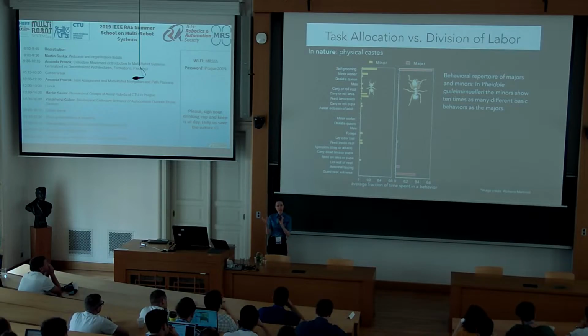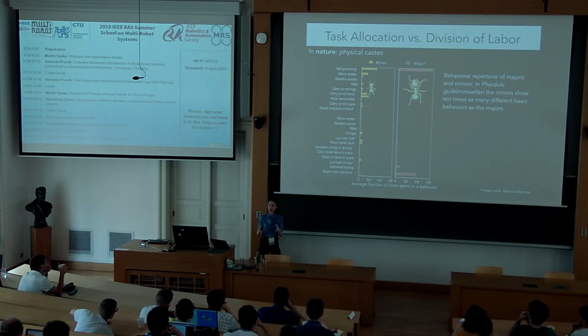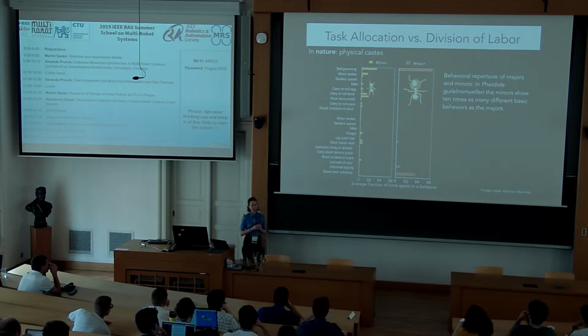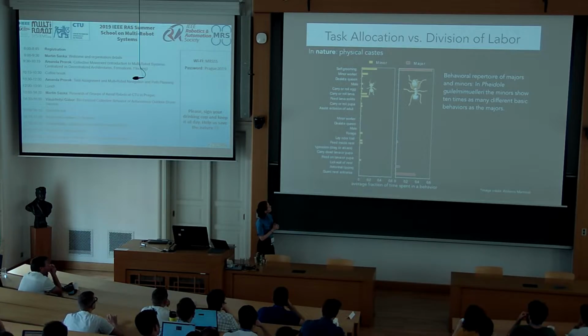And these two castes work together. These researchers observed the activities of this ant colony, and they were able to show that this smaller ant here is involved exclusively in very minor tasks, such as cleaning and carrying around the eggs, or laying or distributing food inside the nests.